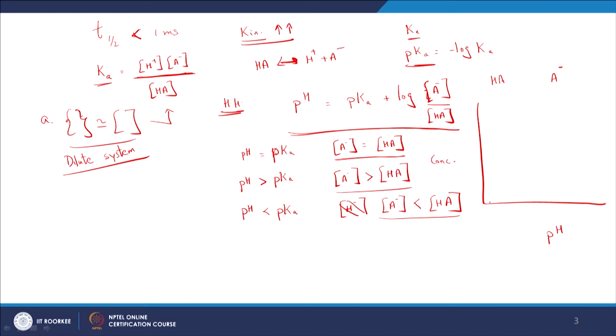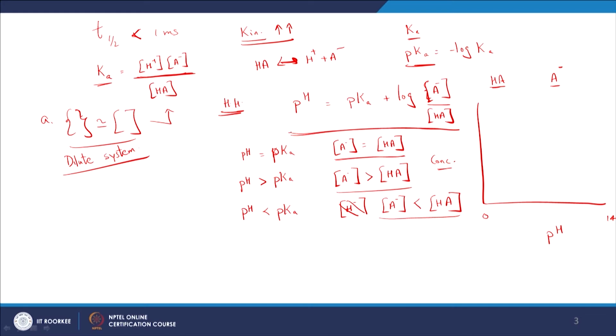This is the pH of the solution or water, 0 to 14, let us say, or any other scale, and this is the concentration of your particular species, and the species are HA and A minus. So take a moment and try to think of how the graph is going to be. Would it be linear, or what shape would it take now, and if they are going to intersect, at which point are they going to intersect, and so on.